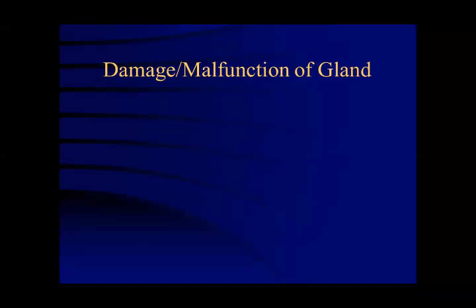In hyperfunctioning, since 80% of the adrenal cortex is occupied by the fasciculata, if this gland is hyperfunctioning it produces Cushing syndrome. Cushing syndrome is the excess production of cortisol by the adrenal gland.